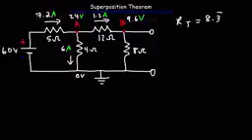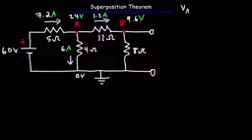So we're done with the first part of the problem. But the data that we need to keep right now is the potential at points A and B. So I'm just going to rewrite that here. So the potential at A for the first part of the problem is 24 volts, and the potential at B for the first part is 9.6 volts.